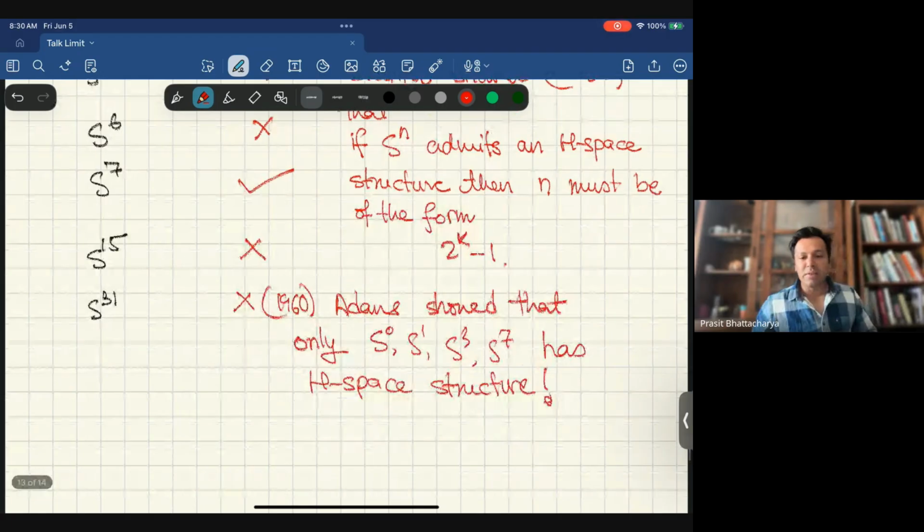But it was a little too premature to give this theorem, because there is one thing we need to be clear. Okay, up to S3 is okay.